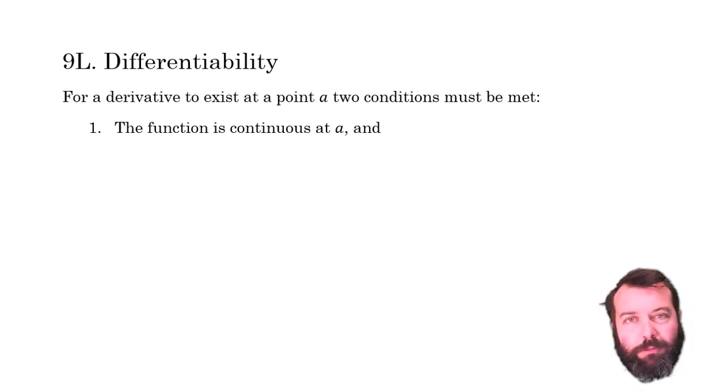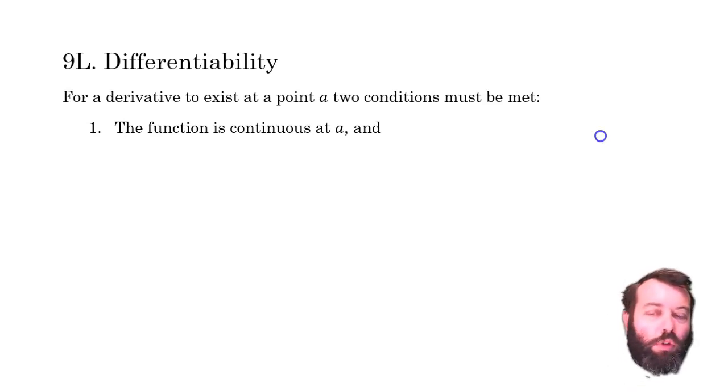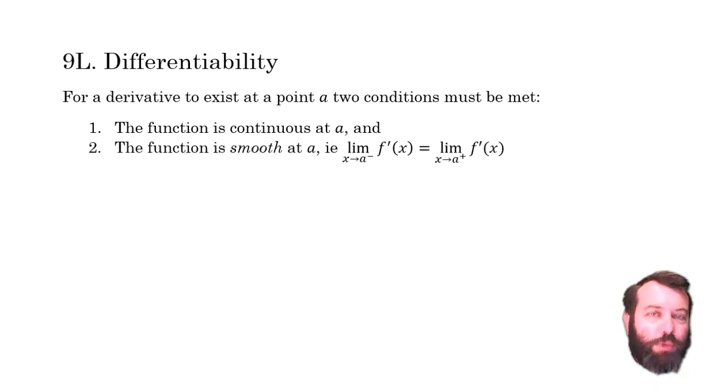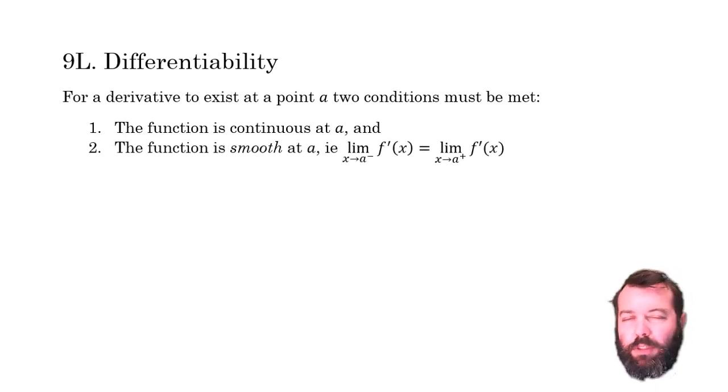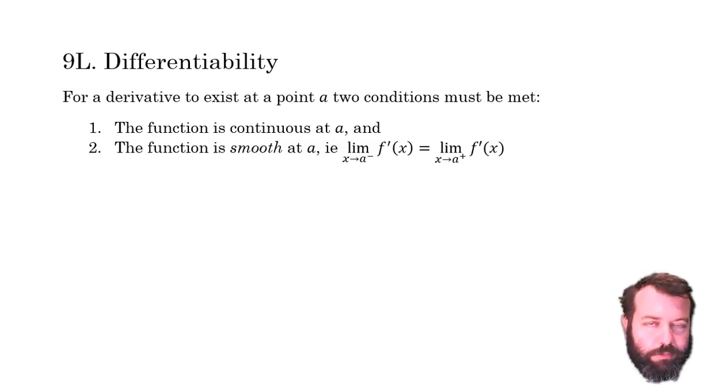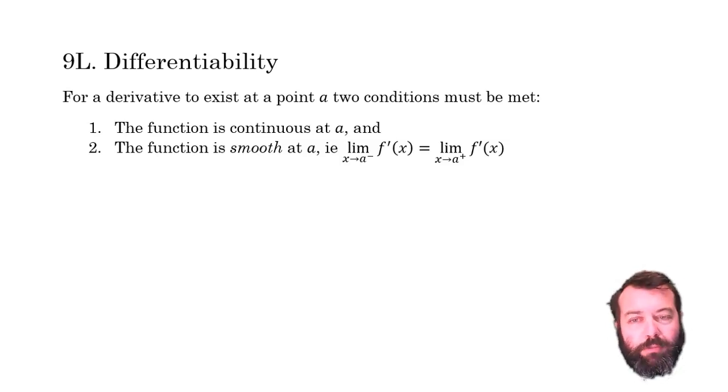So my function must be continuous, and also it must be smooth. We're going to test for smoothness by looking at the derivative of the function, the limit as x approaches the point from below and above, of the derivative.